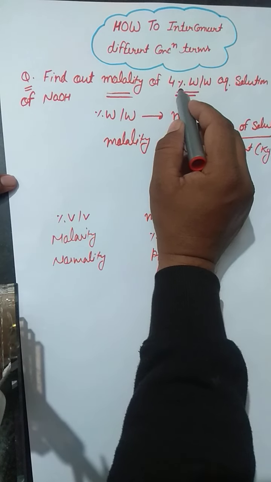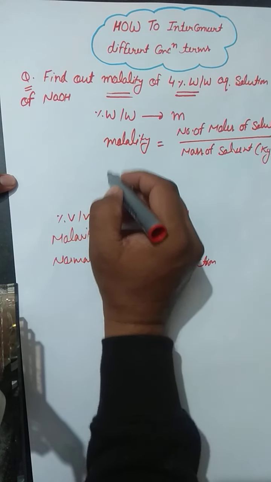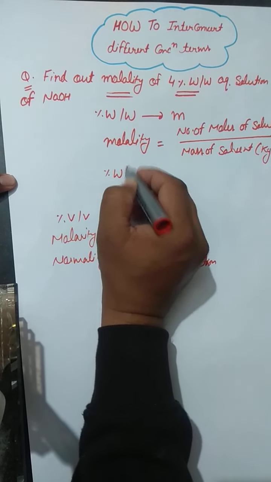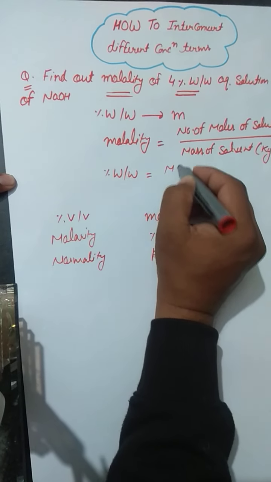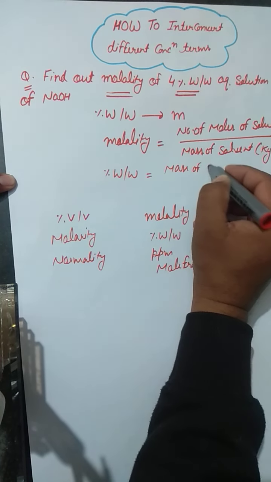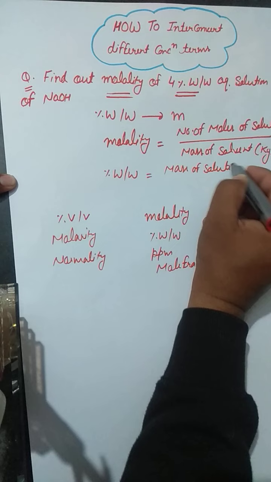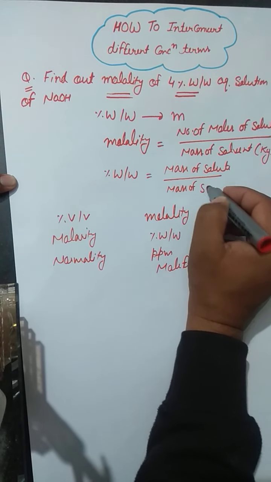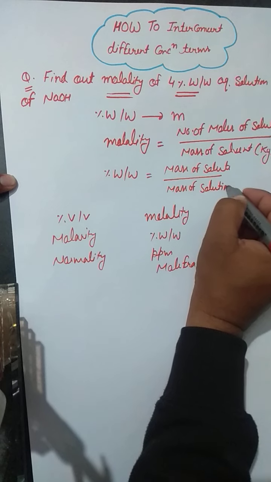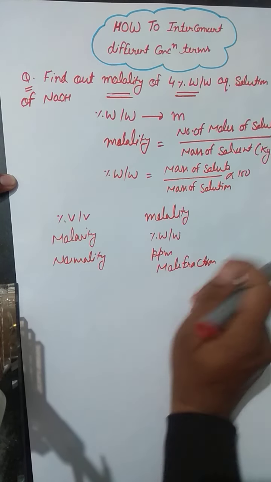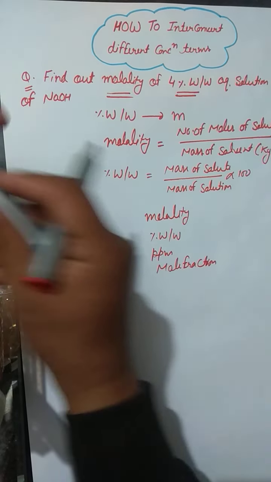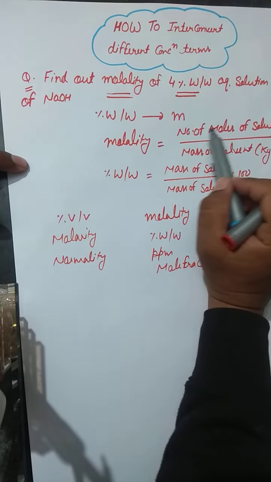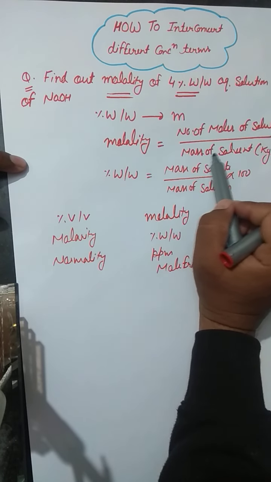What is the given concentration term? That is percent weight by weight. So percent weight by weight is equal to mass of solute divided by mass of solution into 100.